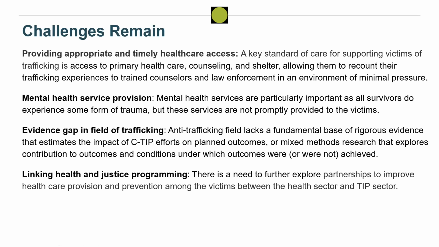Also, there is an evidence gap in the field of trafficking. It's really important to highlight that the anti-trafficking or counter-trafficking field lacks a fundamental base of evidence that estimates the impact of efforts on planned outcomes, and different methods should be used to understand the correlation between impact, output, and outcomes.